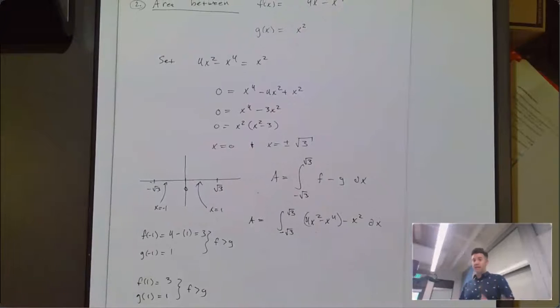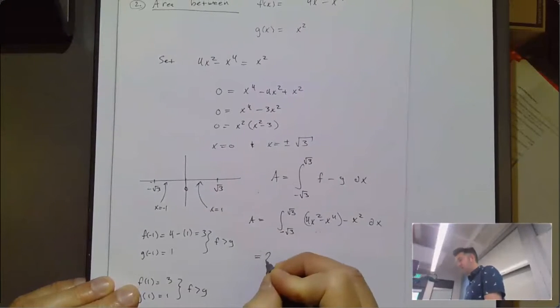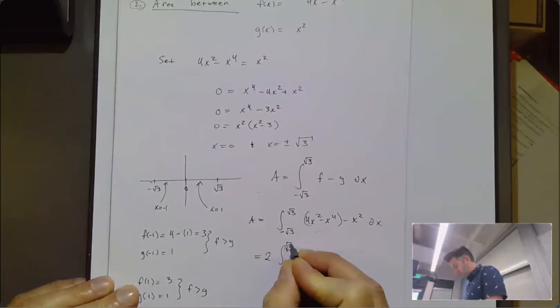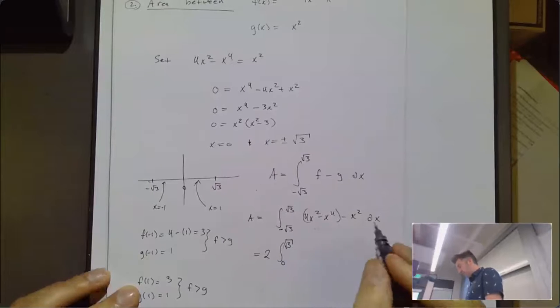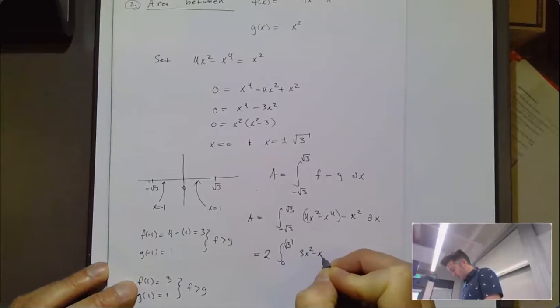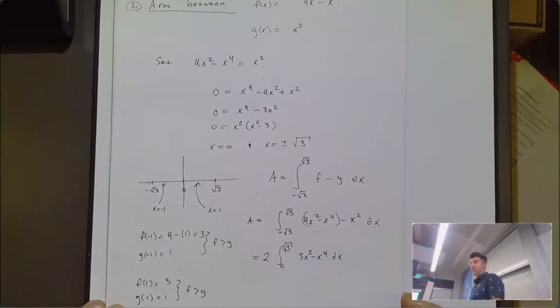Which means it has that symmetry about the y-axis, which means we could rewrite this as twice the integral from 0 to root 3 of, I'm going to simplify this a little bit, 3x squared minus x to the 4th. It just makes it a little bit nicer when you actually have to evaluate the integral.